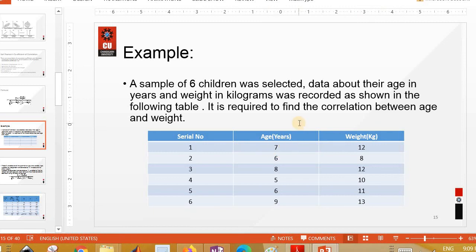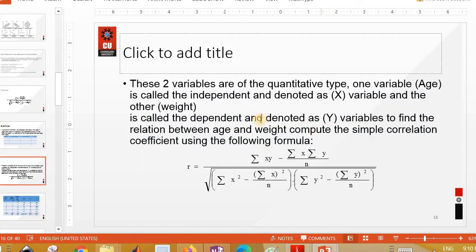So in the question they want to know how age is correlated with weight. So find the correlation between age and weight. See here, two variables are given that are quantitative type variables, meaning you have the value of age in the form of numbers, so that type of data is called quantitative data. x is your independent variable and y is your dependent variable.